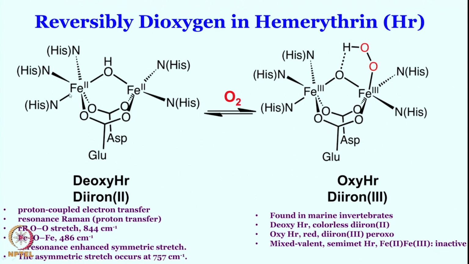Upon binding also it ends up transferring electron, as we have summarized earlier, and this oxygen binding is really reversible. So, whenever it is required from this species, it can remove the oxygen and come back to this species, right. So, this is important for marine vertebrates for their life, but there is no organic substrate to be functionalized in these cases, and these are well knit, well built intermediates.